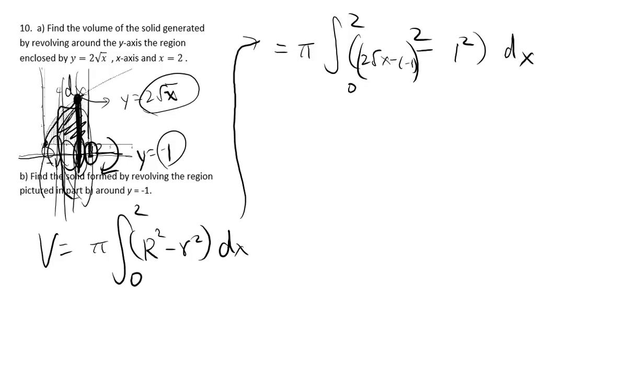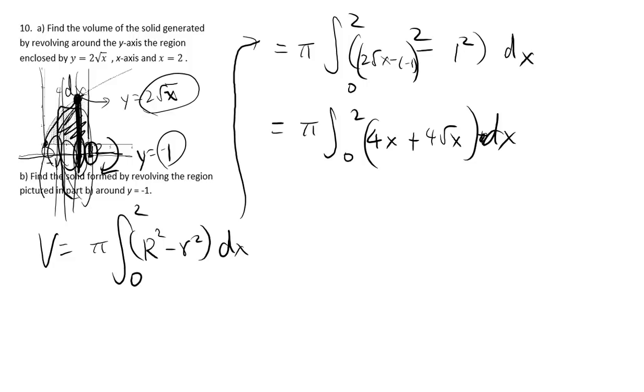And if you do this, you get the answer. So it's going to be 0 to 2. If you square this, you're going to get 4x, actually this is plus 1, so it'll be 4 radical x plus 1, then minus 1. So this is what you have to integrate.